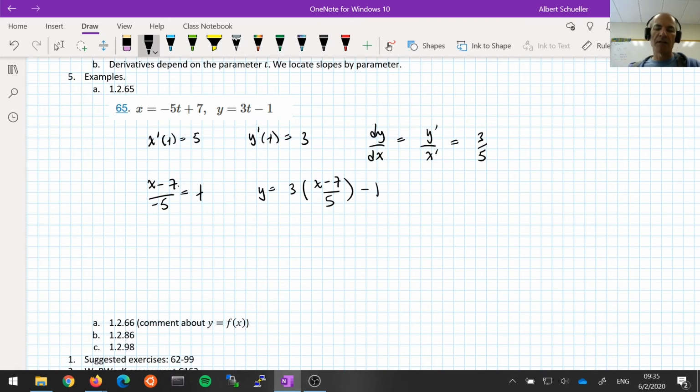And now we've eliminated t. And if you look carefully, the coefficient on x here is 3/5. And in fact, in mx plus b form, we know that the coefficient on x is the slope. So just by visual inspection, we can see that the slope here is 3/5, which confirms the earlier calculation.